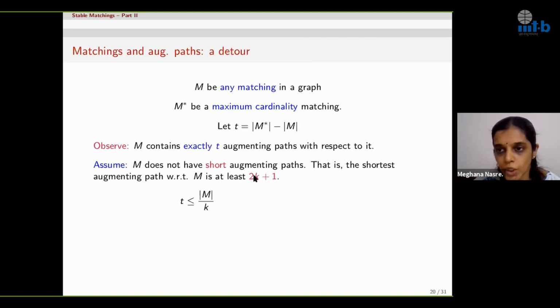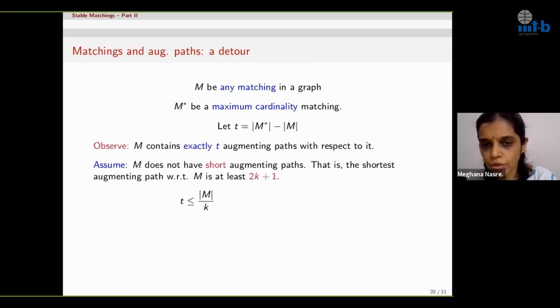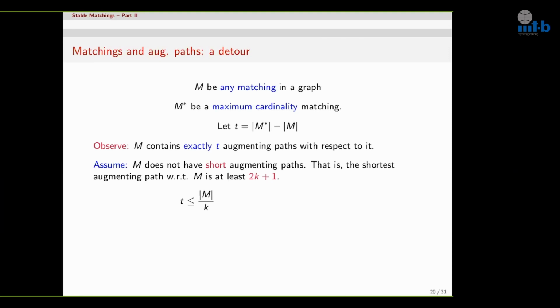If you fix it to be 2, then you will get 5, and so on. So you fix an integer and say that the shortest augmenting path is at least 2k plus 1. Is that clear, Pradisha? Yes, I missed the definition.